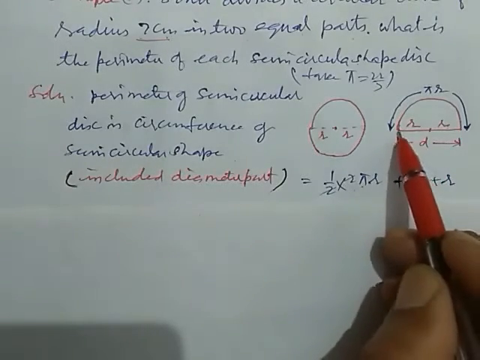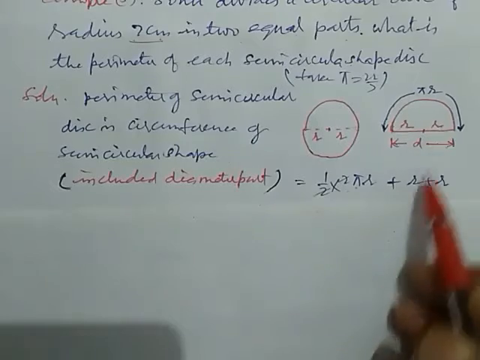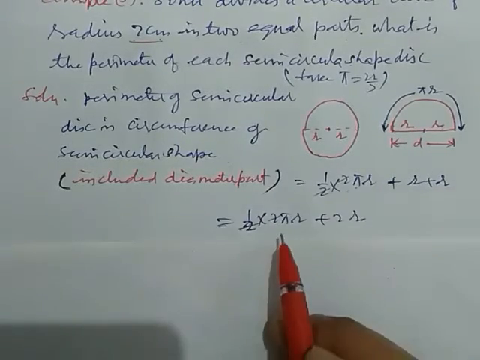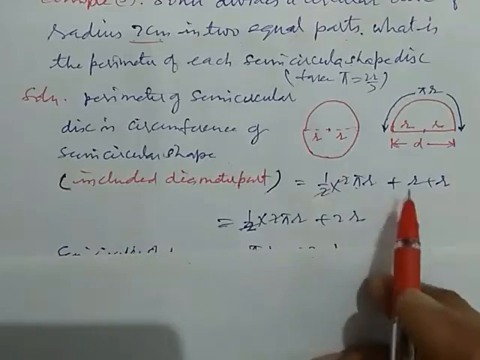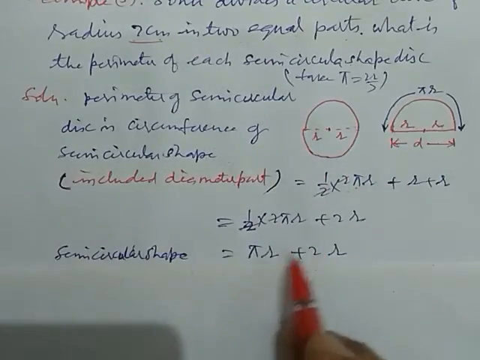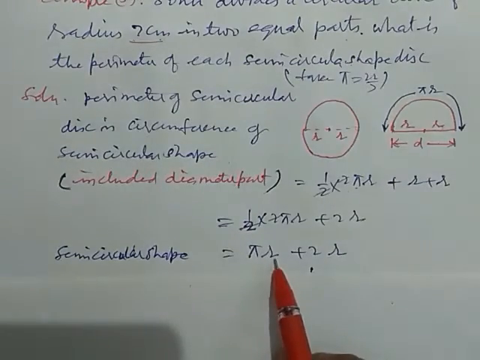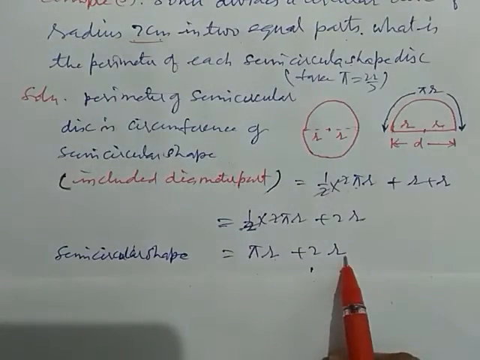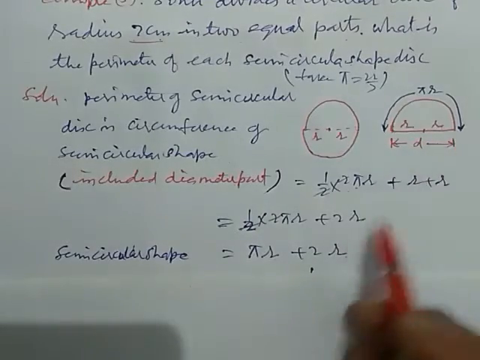But here this is also a boundary, so we add this r plus this r. So we get pi r plus 2r as the perimeter of the semicircular shape, because this 2r is also an outside boundary.